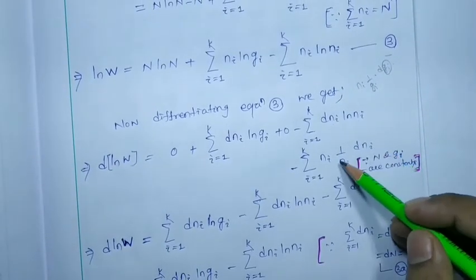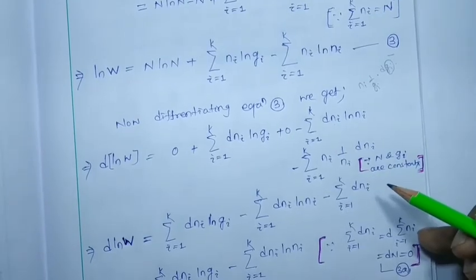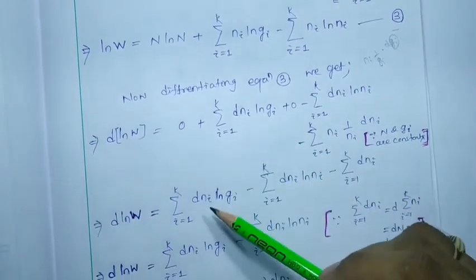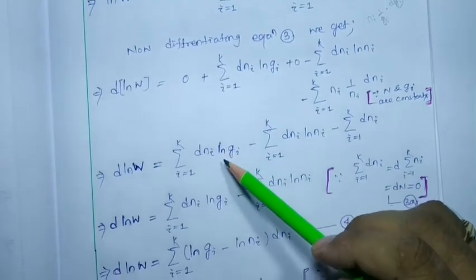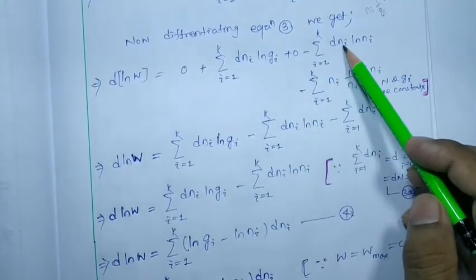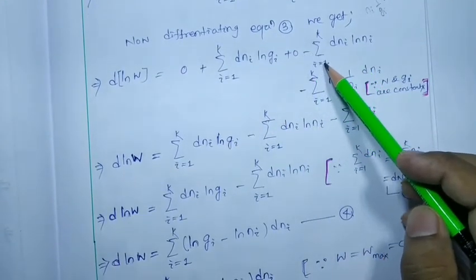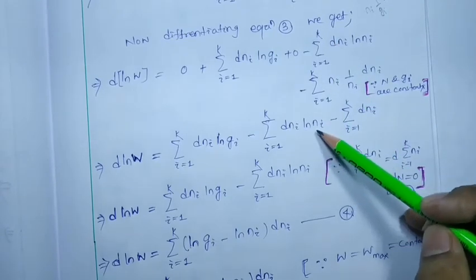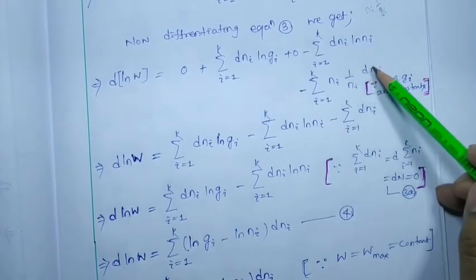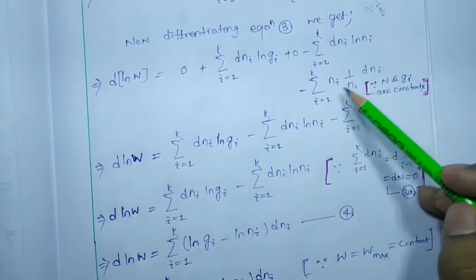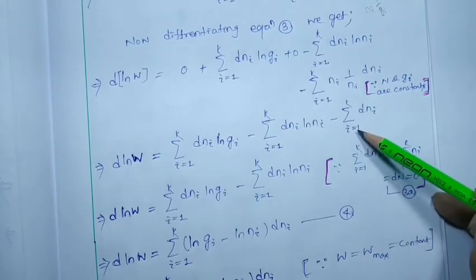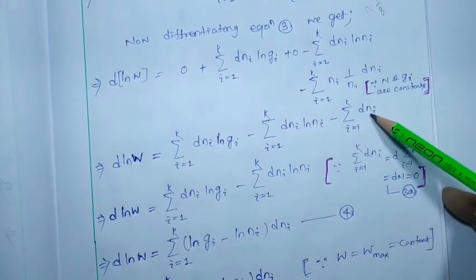So here ni got cancelled. So this term I have written here: d ni ln gi, this term minus summation i equal to 1 to k d ni ln ni, and this term, since ni got cancelled, will be minus summation i equal to 1 to k d ni.